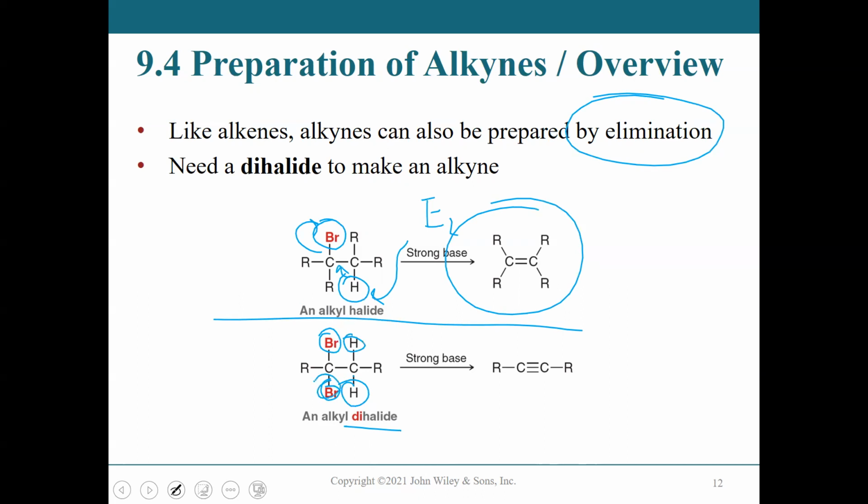So this bromine, the one that I'm circling in blue, will be eliminated with this hydrogen, giving you one alkene. And then in a second elimination reaction, you can eliminate this bromine here in yellow with this hydrogen here in yellow. That's how you produce an alkyne. So you have a double elimination.